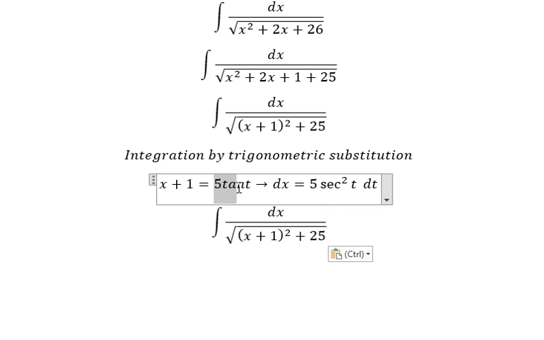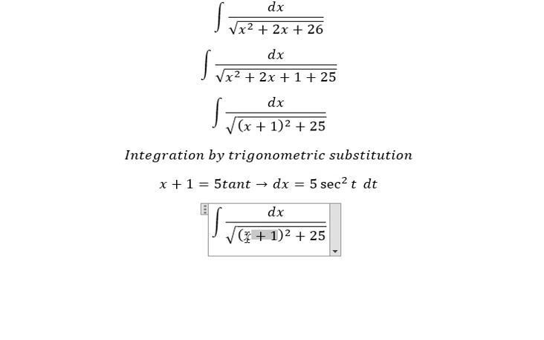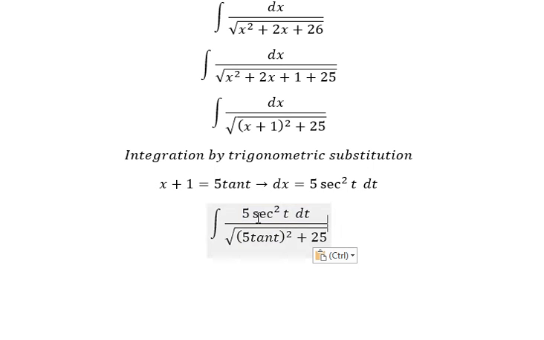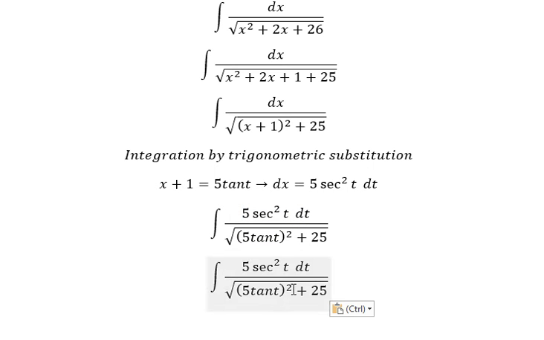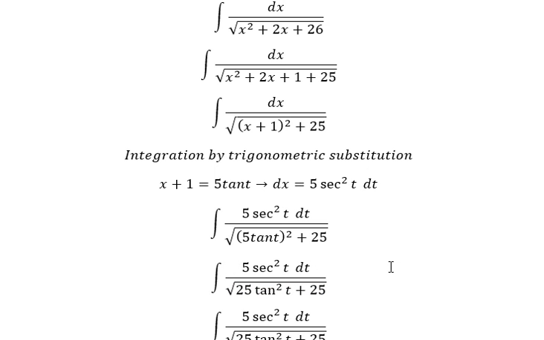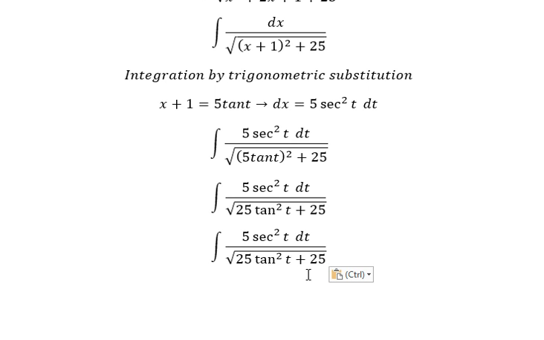So I will put this one in here. ds we change by this one. This one we have 25 tan t squared. Number 25, we can factorize.